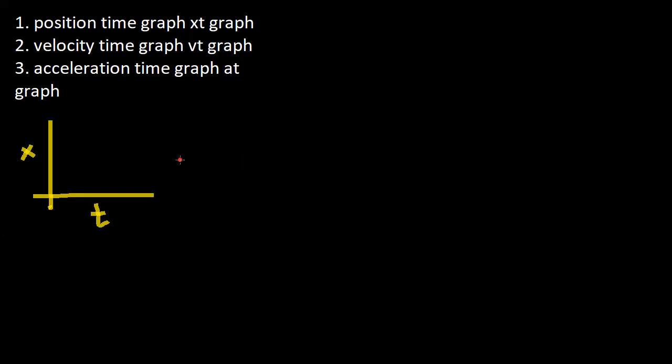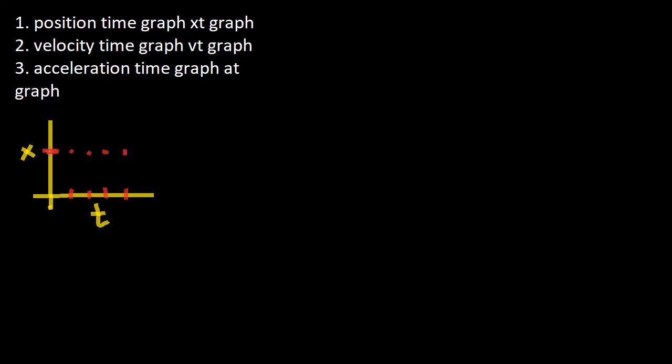The position time graph is such that for a body at rest, we have the time moving forward, but the position of the body not changing at all. So if the position of the body in the beginning is this, then as the time moves forward 1 second, 2 seconds, 3 seconds, 4 seconds, and so on, the position does not change. The position remains the same. So we have this on the graph.